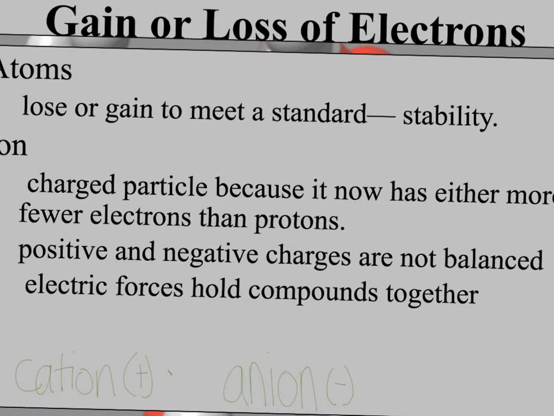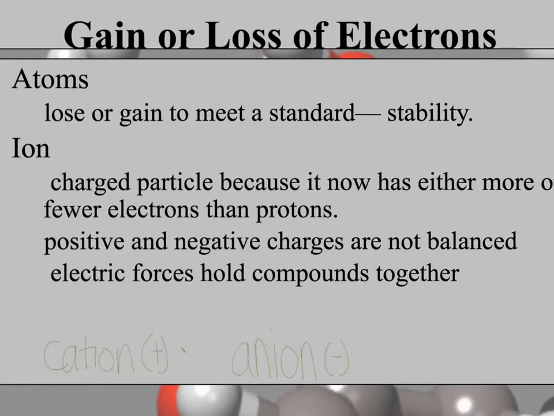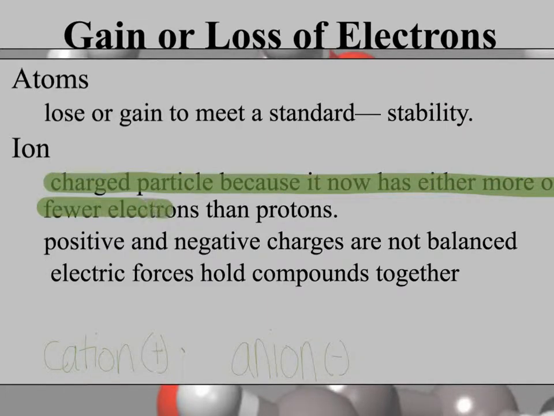An ion, and this is going to be important to know, an ion is a charged particle because it now has either more or fewer electrons than protons. So an ion is created when there are more or fewer electrons than protons.